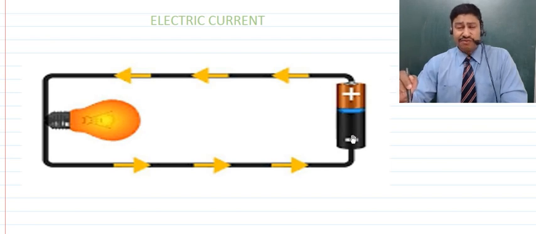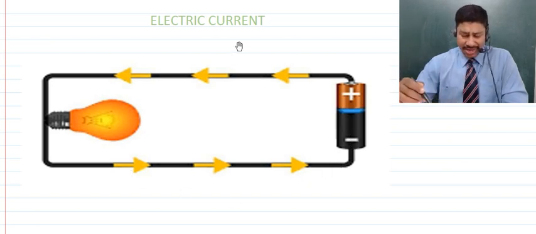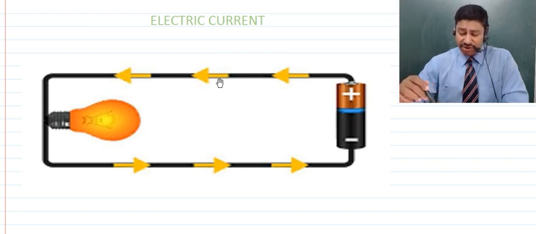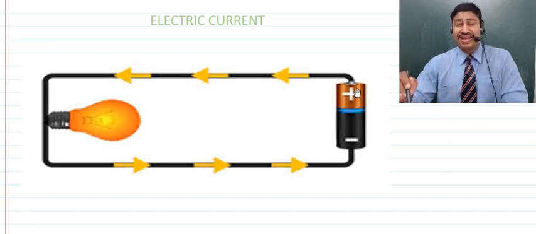This is the actual flow of electrons, right? So the conventional direction will be from positive to negative. And the direction from the negative terminal to the positive terminal will be the direction of the electronic current.